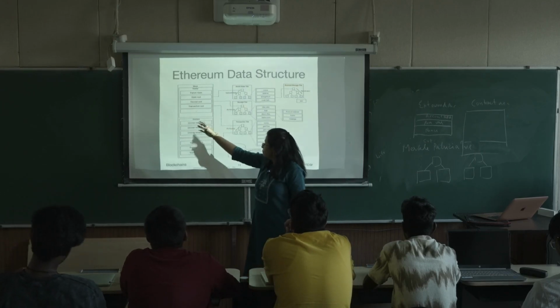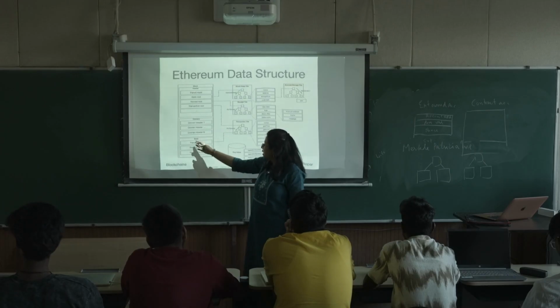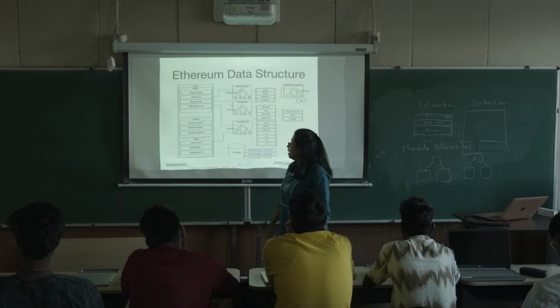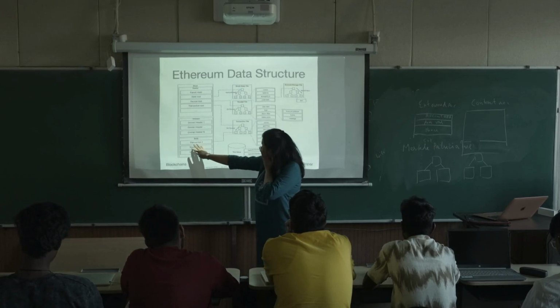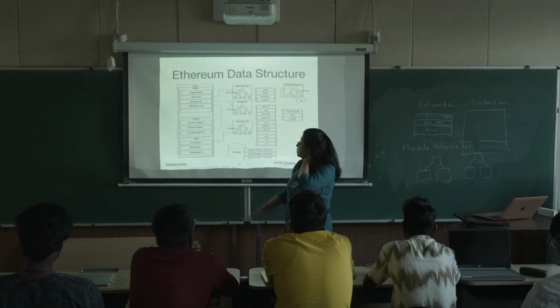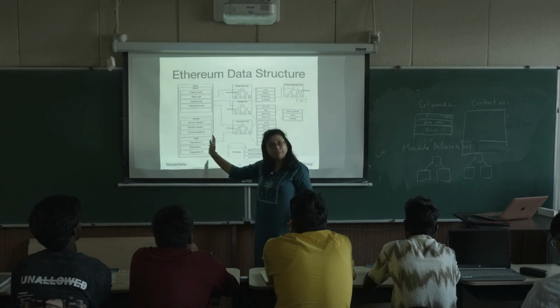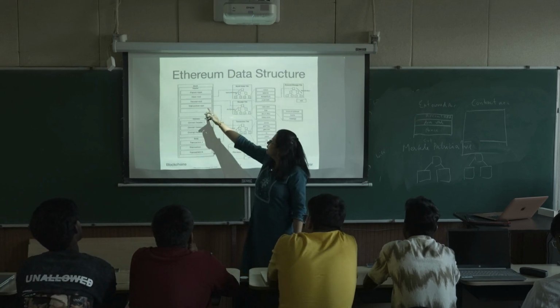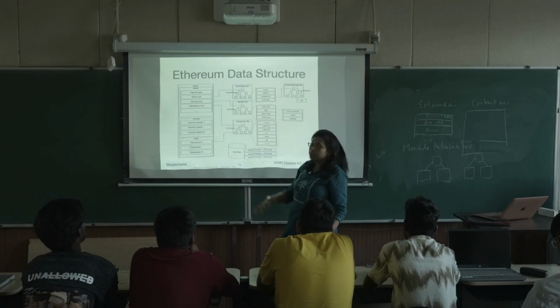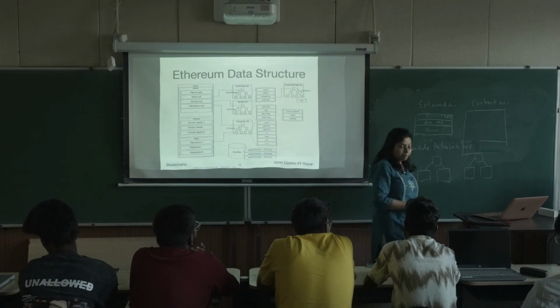Say, for example, there are 5 uncle blocks and there would be 5 headers. And then these are the main transactions within the body of the block. So this is something that we have seen again. These are the transactions similar to the Bitcoin transactions. So this is how the Ethereum data structure looks like.